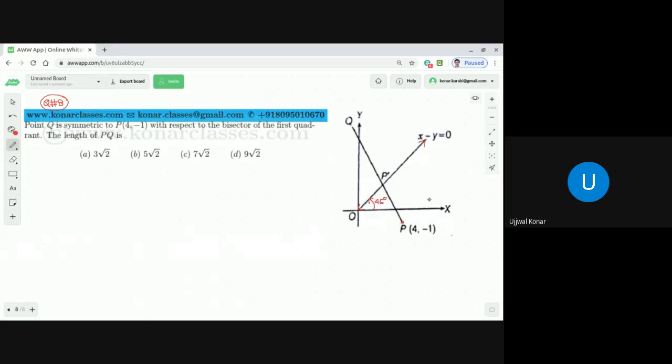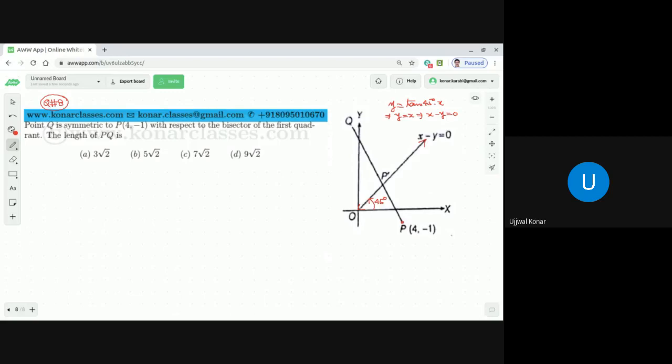So what will be its equation? Its equation should be y is equal to tan 45 degrees into x. That implies y is equal to x, that implies x minus y is equal to 0. And this is the one equation, as you see.